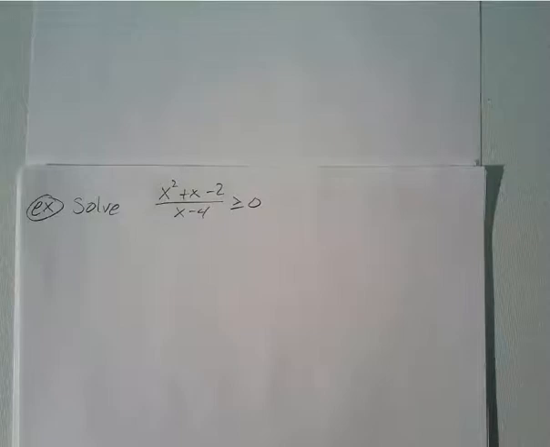First we want to solve x squared plus x minus 2 divided by x minus 4 is greater than or equal to 0.